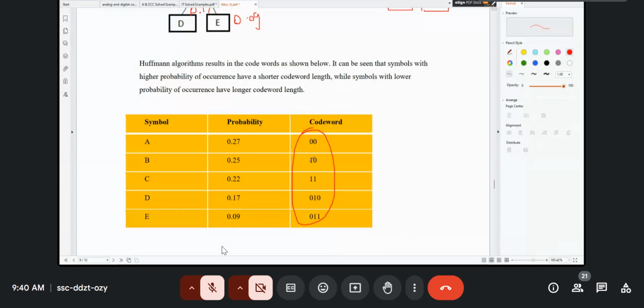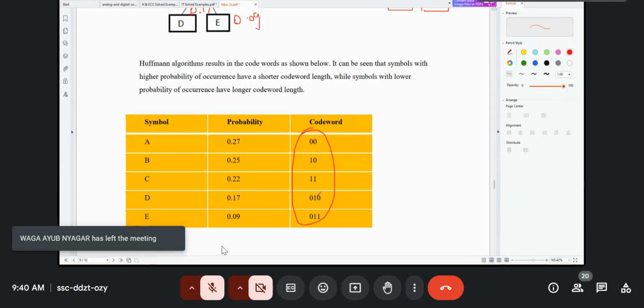It means there is no other code which starts with 1, 0, and you can see that is okay. 1, 1. It means there is no other code starting with 1, 1. So this 0, 1, 0, this 0, 1, 1. They can share the prefix, but that prefix is not one of the codes. So you can see why you cannot use 0, 0, 1, 0, 1, 1, and 0, 1. Because the moment you have 0, 1, then you cannot have anything else because now you have already utilized that.